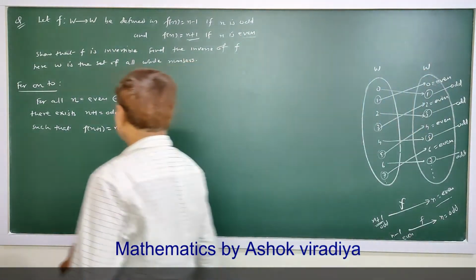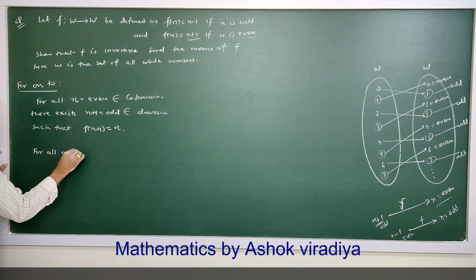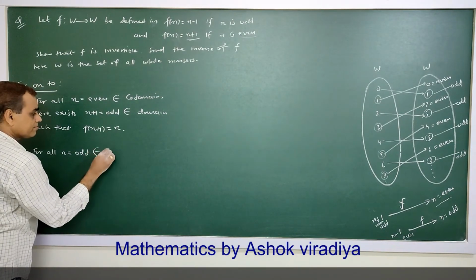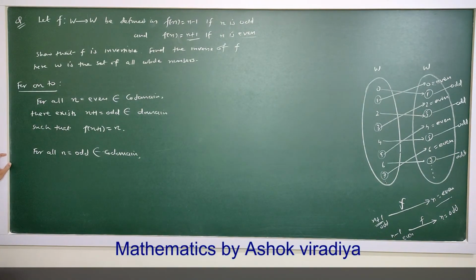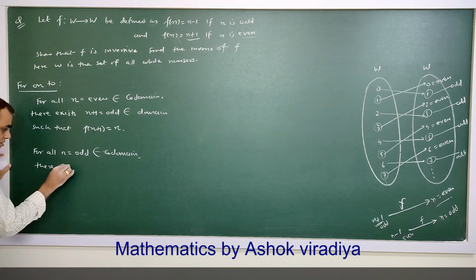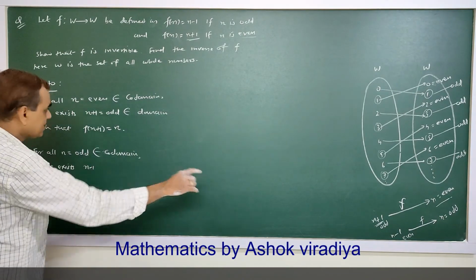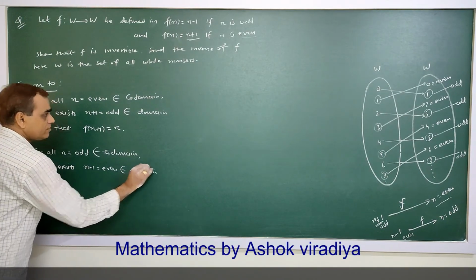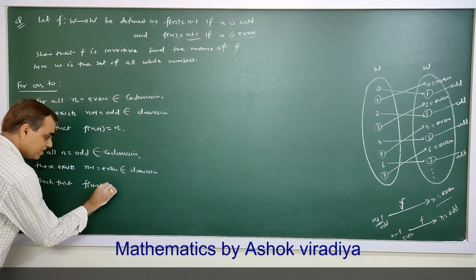So a similar statement: for all odd integers n taken from the codomain, there exists one less, which is even, belonging to the domain, such that the image of n minus 1 is n.